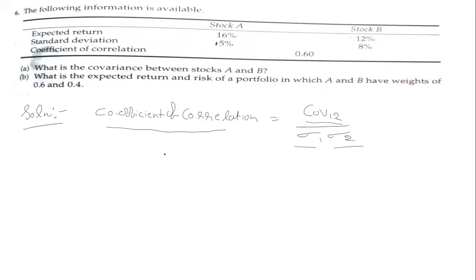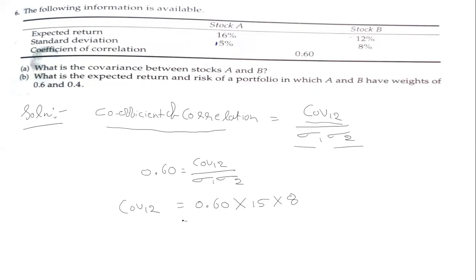So we know the coefficient of correlation is 0.60, equal to covariance 1,2 divided by standard deviation 1 and standard deviation 2. So we get covariance 1,2 is equal to 0.60 into standard deviation A, 15, into standard deviation B, 8.